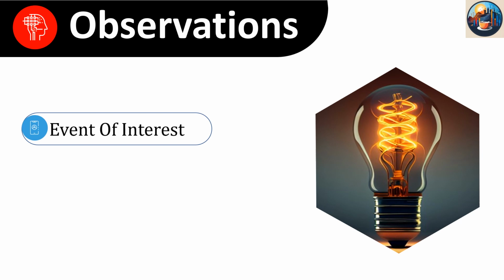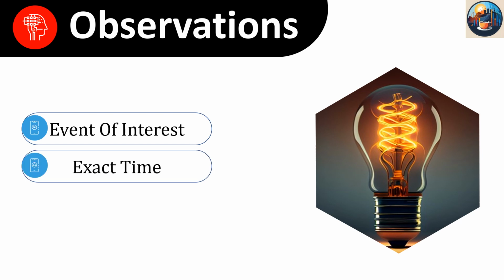It means that after 230 hours, maybe these light bulbs will fail. Next information is the exact time. Similarly, we don't have the exact time here as well. We only know that the event of interest, failure of light bulbs, will definitely occur after 230 hours.